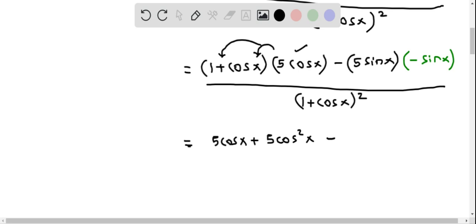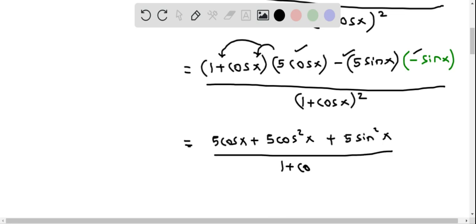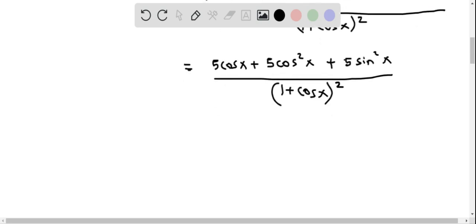We then have minus, or this is in fact a plus, because product of two negatives is plus. So I write plus 5 sine x times sine x is 5 sine squared x. So this is 5 sine squared x, and this is over 1 plus cosine x quantity square.